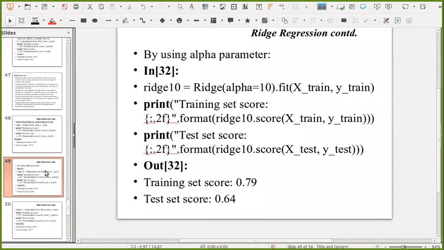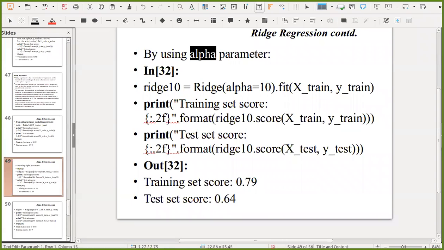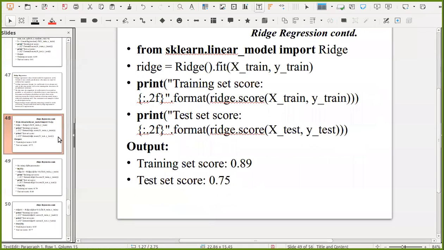And this is the Python code for using it. Here there is one more parameter, the alpha parameter. You might be wondering what is meant by the alpha parameter. Whenever we are designing a model, we always make some assumptions, and based on the assumptions some values also get set.